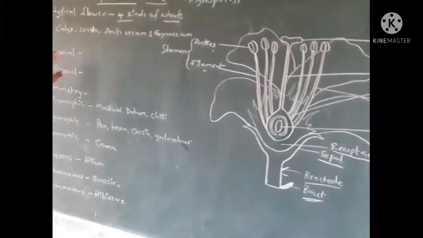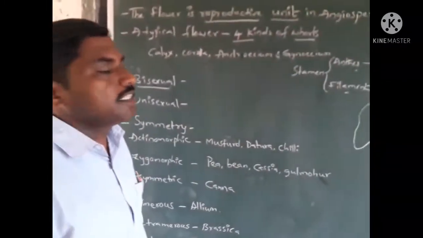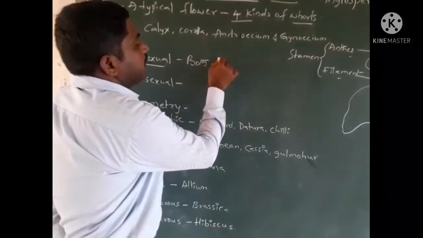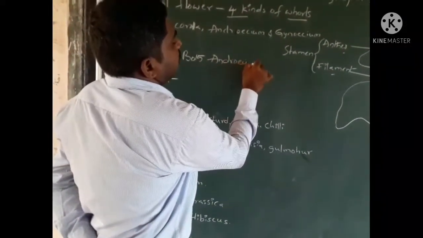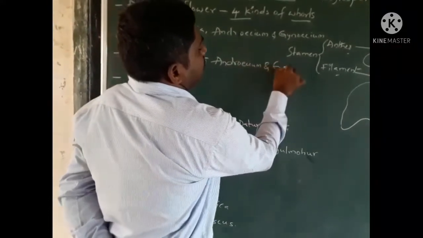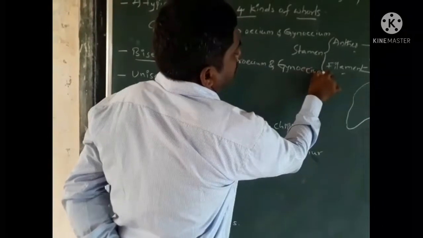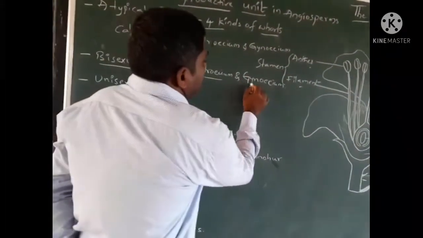Some flowers are bisexual flowers. What is meant by bisexual? Both androecium and gynoecium. Bisexual flower means the flower consists of both androecium and gynoecium.